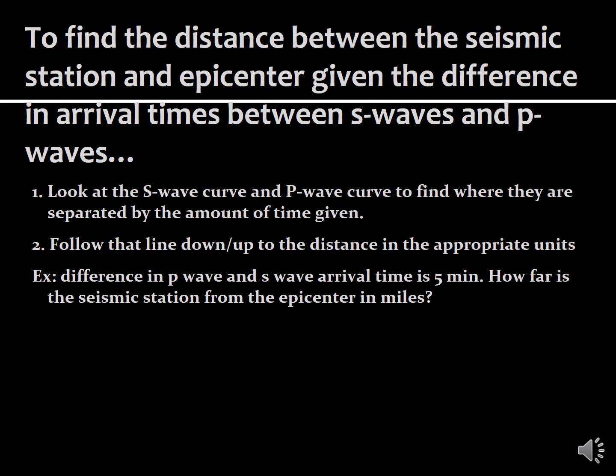To find the distance between the seismic station and the epicenter, given the difference in arrivals of S waves and P waves, first we must look at the S wave curve and the P wave curve to find where they are separated. Follow that line up or down into the approximate units. Example, the difference in P wave and S wave arrival time is 5 minutes. How far is the seismic station from the epicenter in miles?